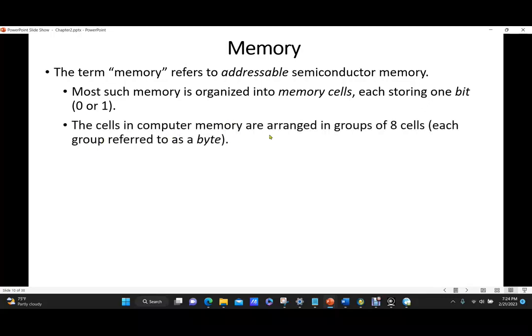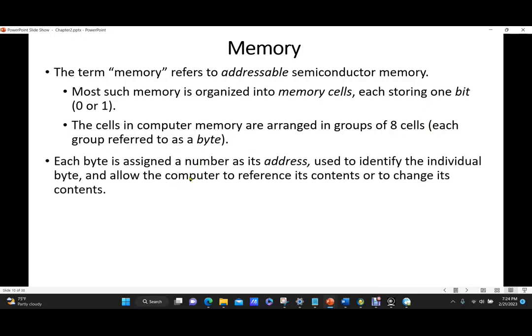Cells in computer memory are generally arranged in groups of 8 cells called bytes, because one bit of information is just not very much. Combinations of cells can represent much more complex things in memory.